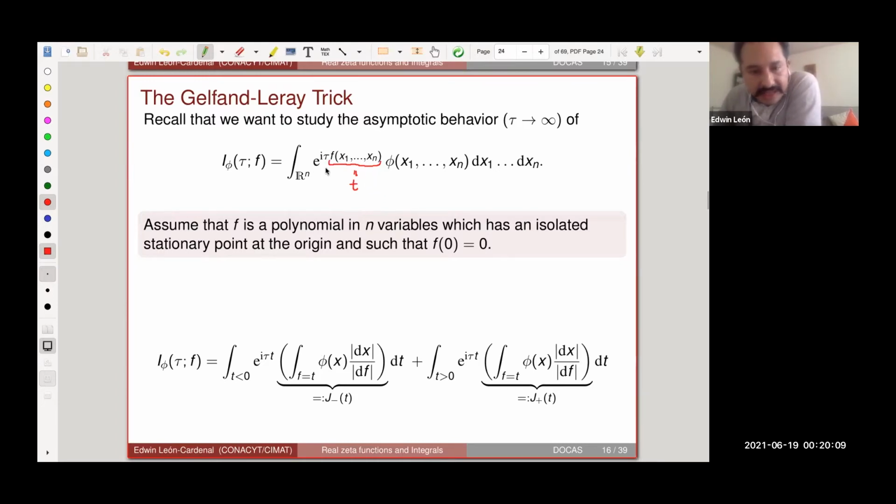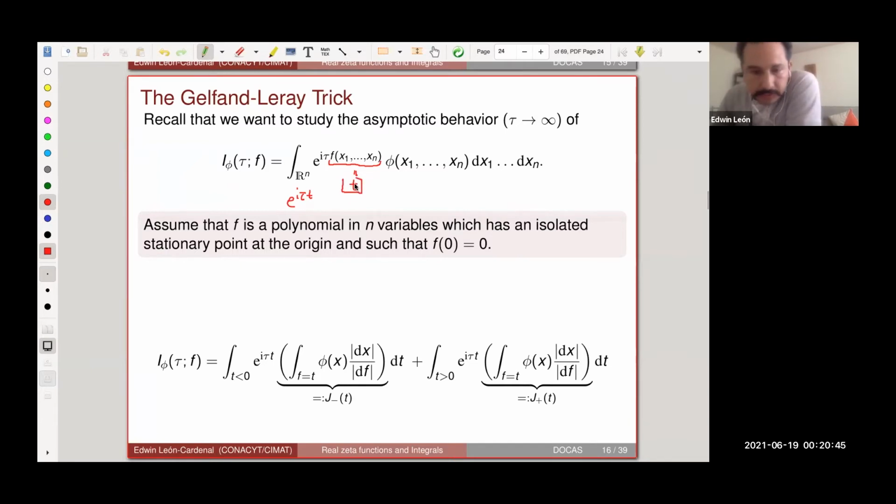So if inside this integral I can make this appear as a constant, then the factor that I will obtain here is something like e to the i tau t, but t is a constant. So this will not affect the asymptotic behavior of the integral. So this will be very, very nice if we can make this happen. Okay.